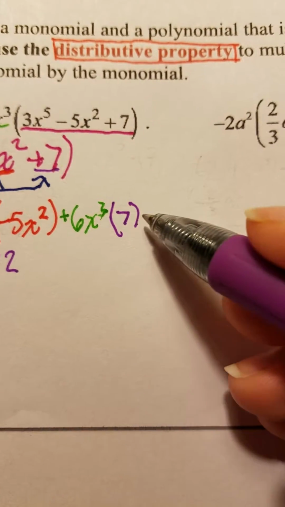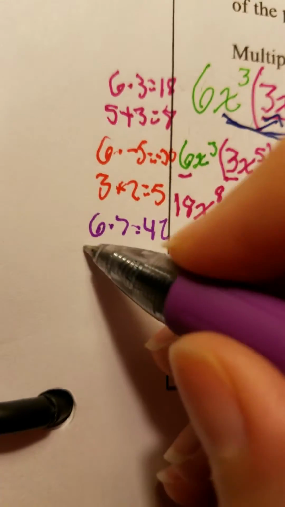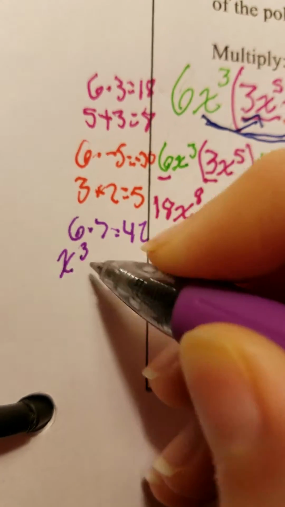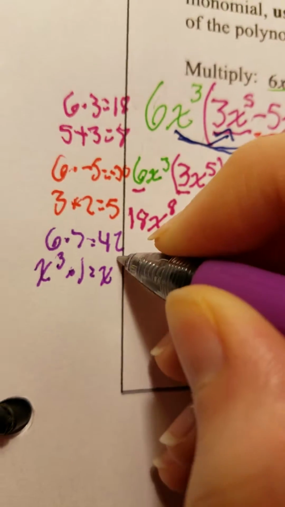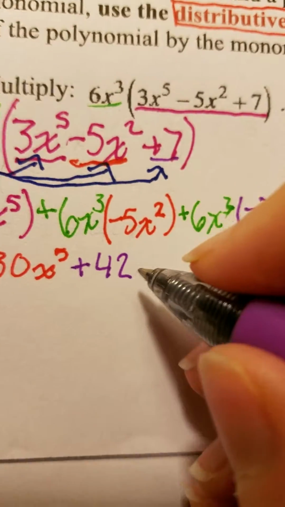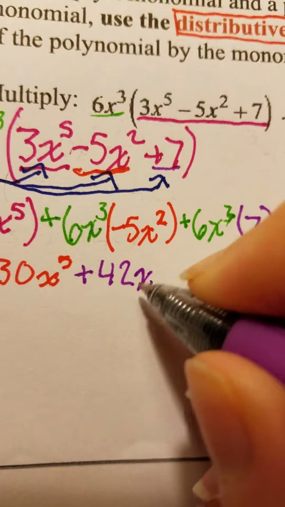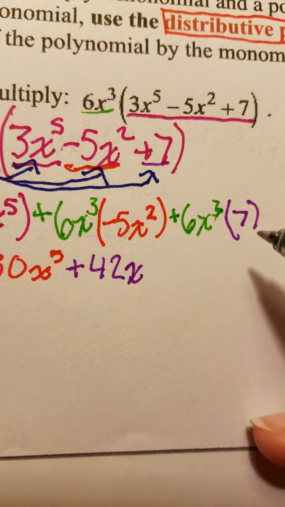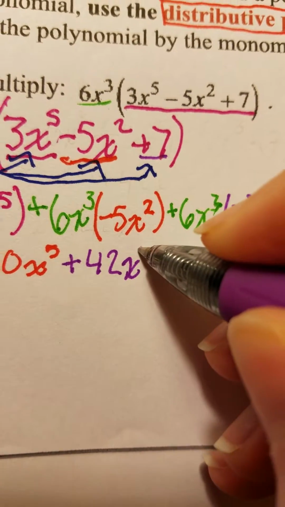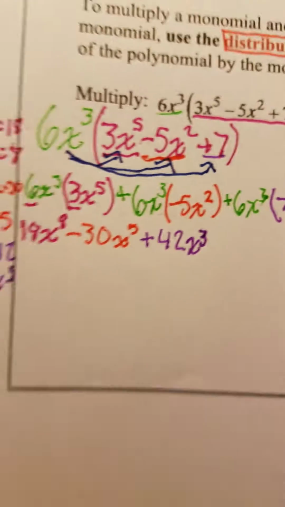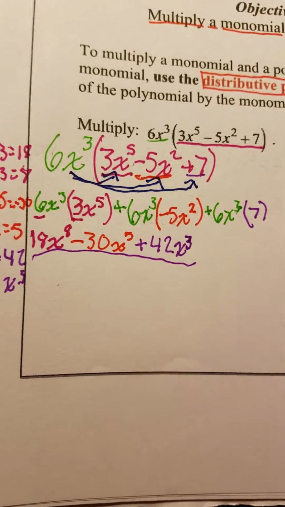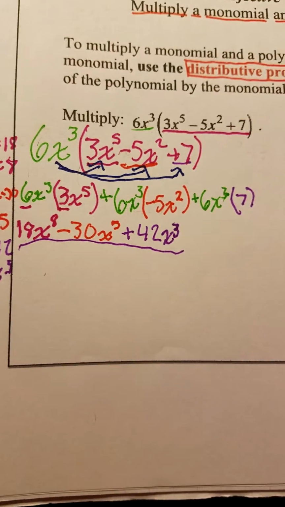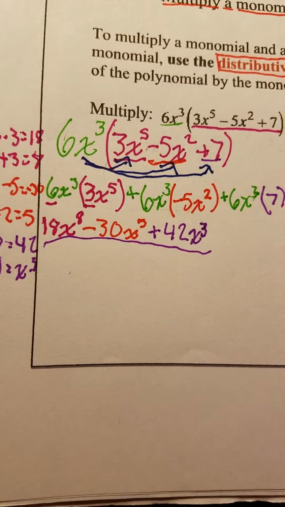You can add a little times 1 here because there's nothing here. So x to the third times 1 equals x to the third. So you just stick that up here because there's nothing to add. That makes it pretty easy, right? And there you go. You have your answer. That's your answer to this problem. Make sense? Kinda? Okay, cool.